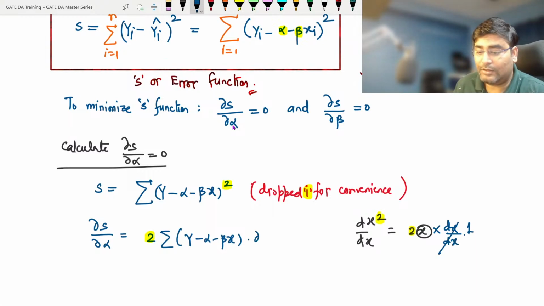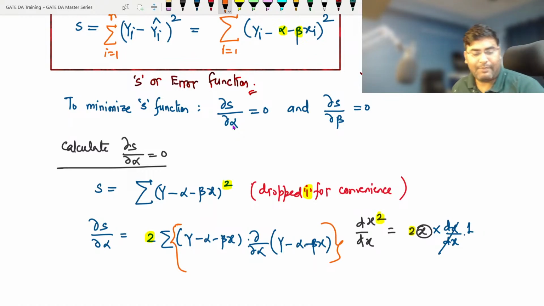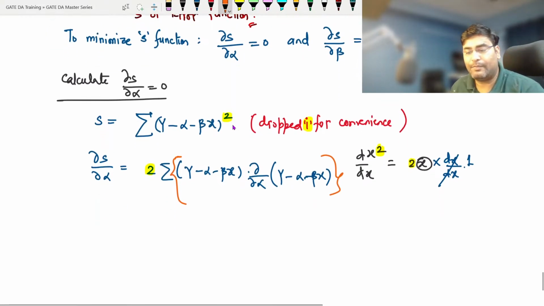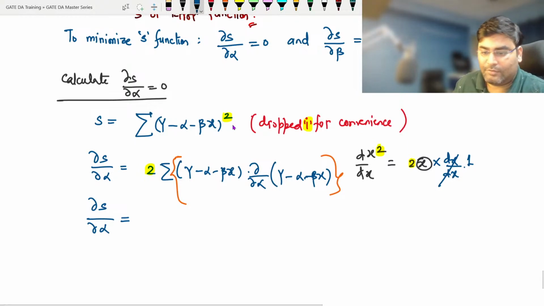You will also do here d by d alpha of y minus alpha minus beta x. Did you understand, guys? Everybody, this is real maths we are doing. I'm not just shying away from deriving the results, and without that, you cannot survive, trust me, for the GATE paper.